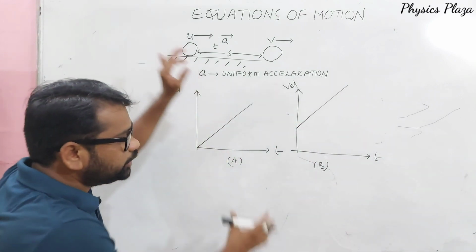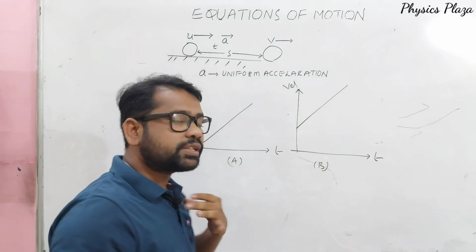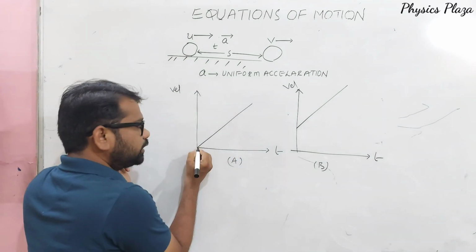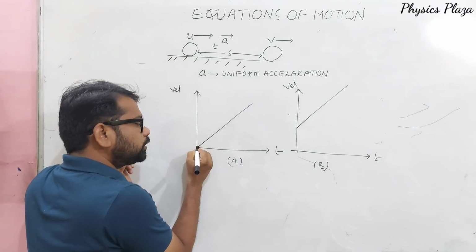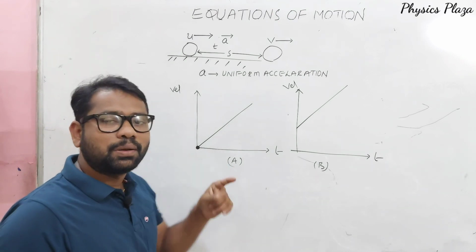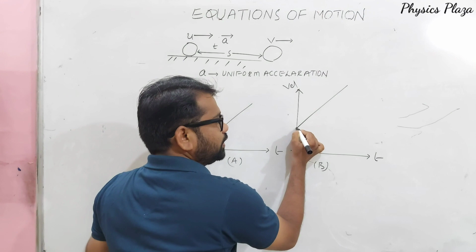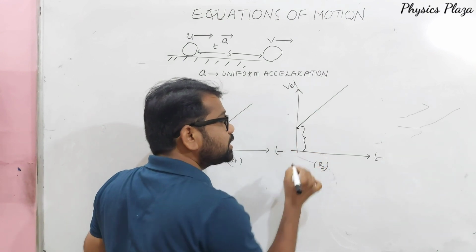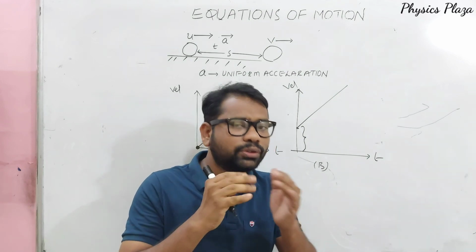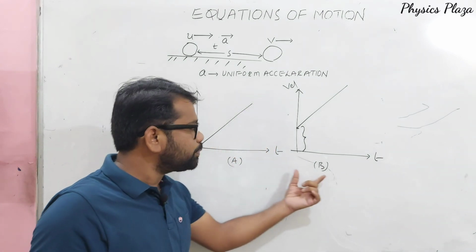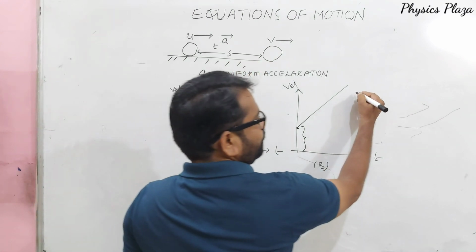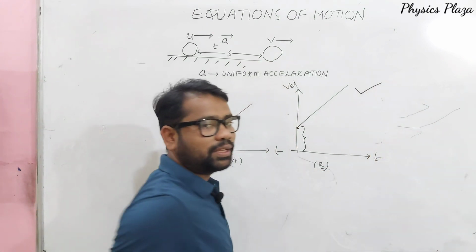Both graphs represent uniform acceleration only, but the difference is that here the body is moving from rest, meaning initially the body is at rest, whereas here the body has some initial velocity. Now think, out of graph A and graph B, which will represent this situation? Obviously the second one only.